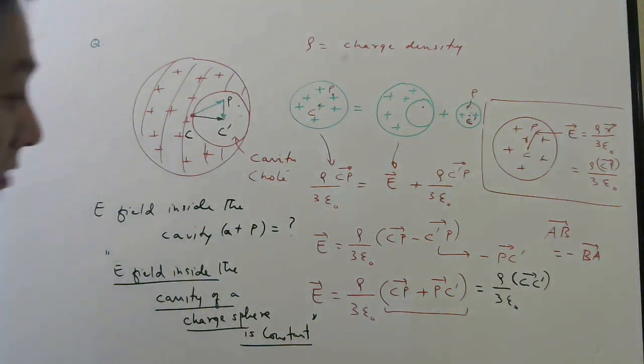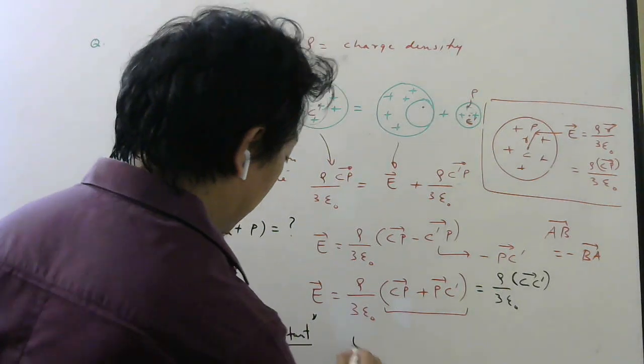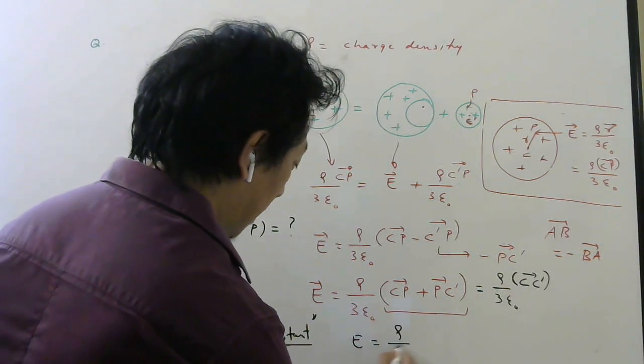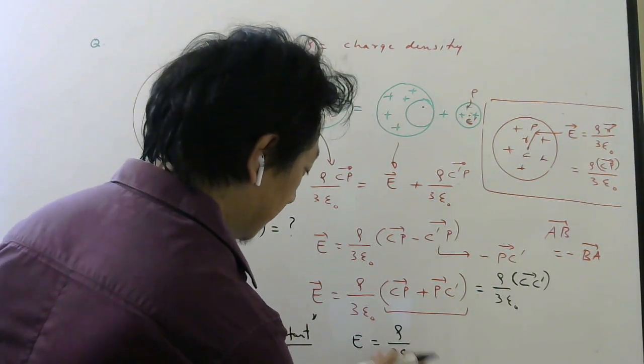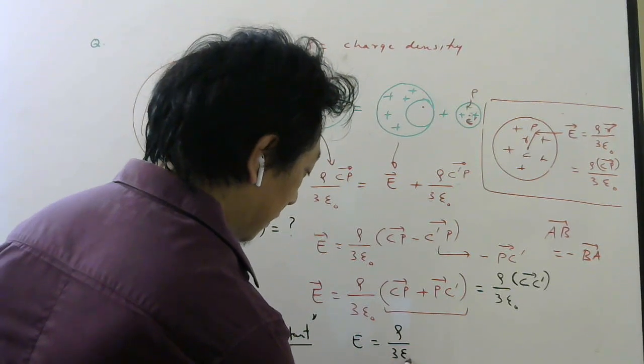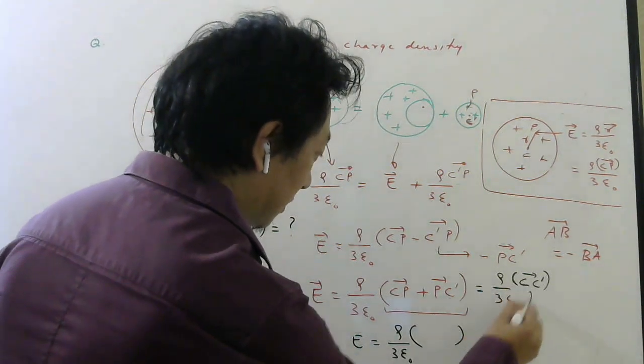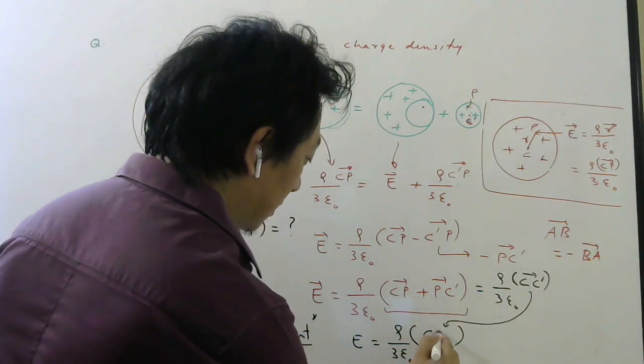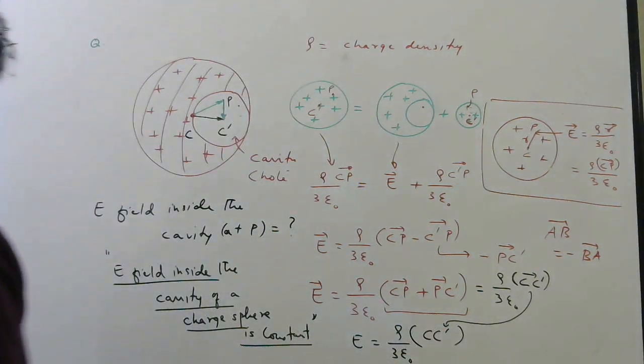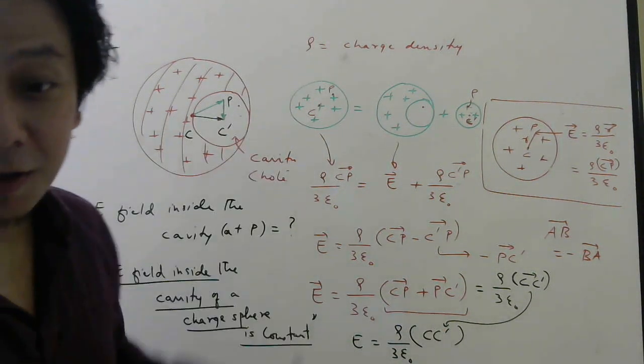And what is the value of the electric field? If you want magnitude, rho by 3 epsilon naught into, what is this distance? CC dash means from the center of the sphere to the center of the cavity.